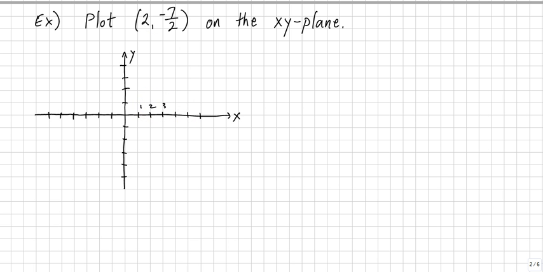If I'm going to plot (2, -7/2) on the xy plane, the first number represents where you're at on the x-axis. So we're going to go positive 2. We find 2 on the x-axis.